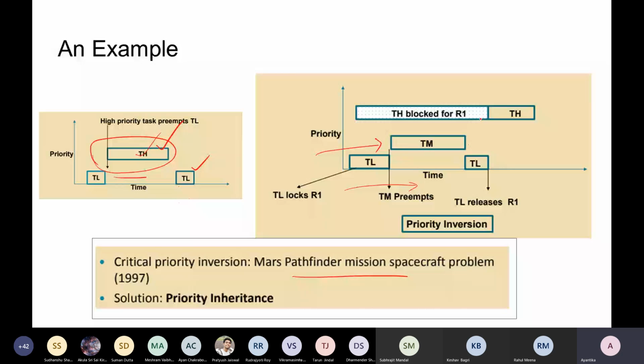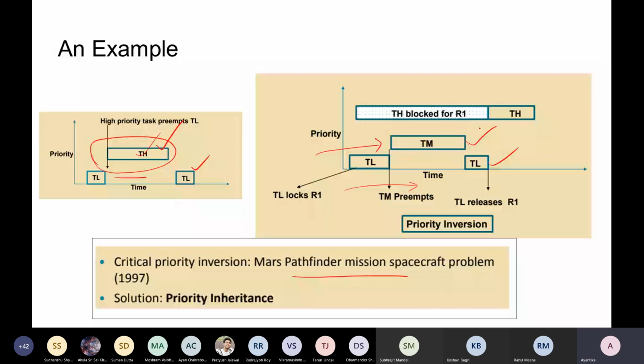This medium priority task had no resource related dependency. That means there was no common resource under mutual exclusion with the low priority task; they were totally independent. That's why the medium priority task preempted the low priority task by rule and completed its execution.